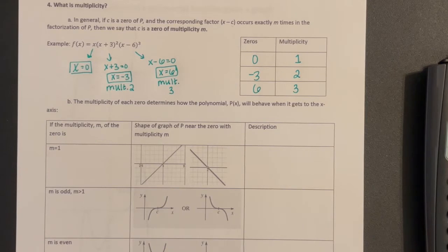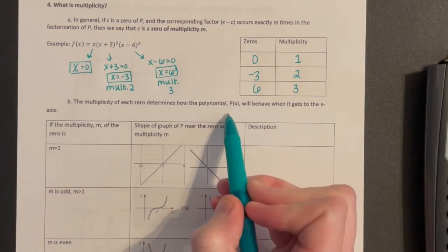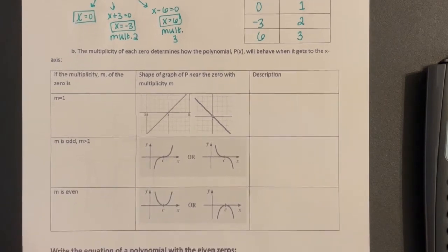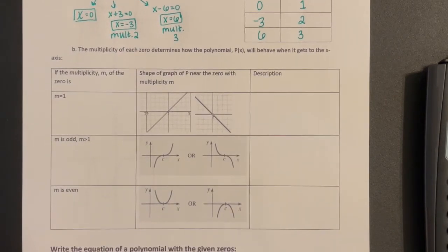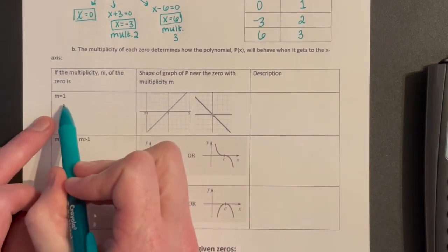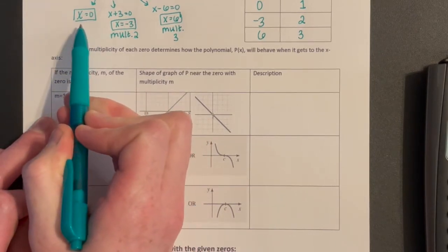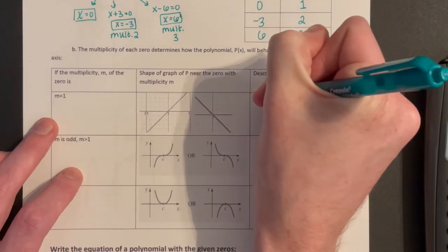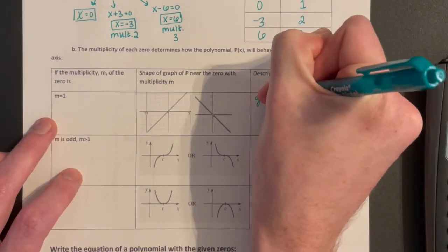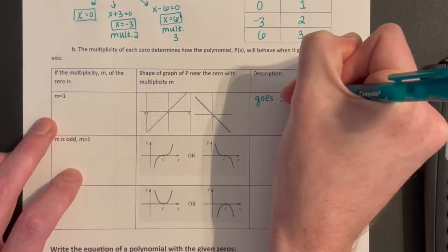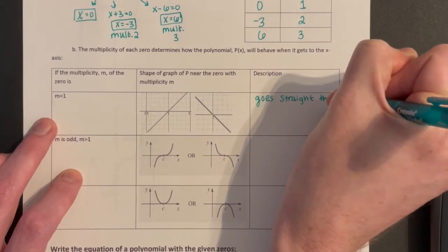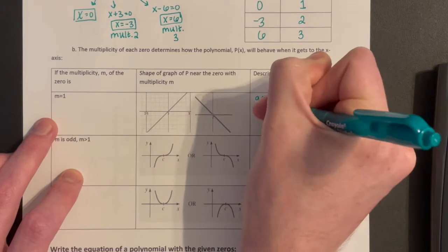The multiplicity of each 0 will determine how the polynomial will behave when it gets to the x-axis. So if it has a multiplicity of 1, just like this x did, what that's going to do to the graph is go straight through the x-axis.